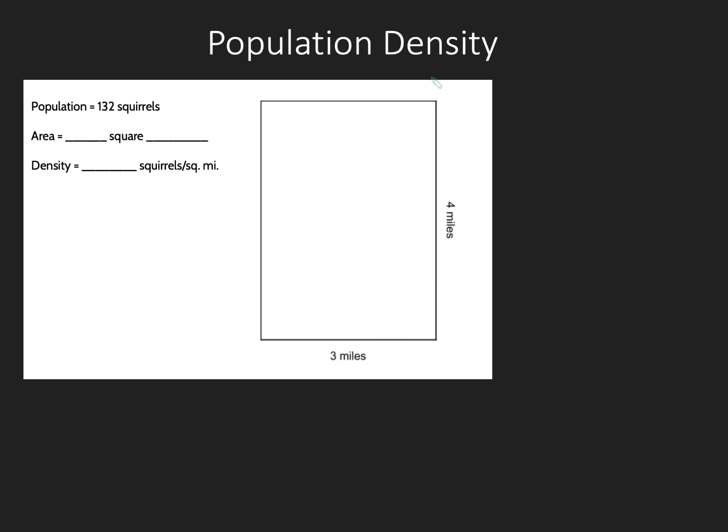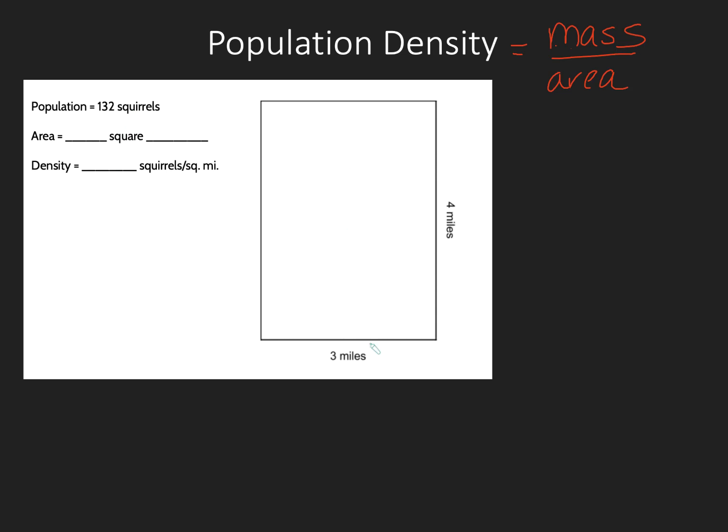To calculate population density, the formula is mass divided by area. Always remember the mass will be your population, and we all know area is just the size of the surface. They said the population is 132 squirrels.